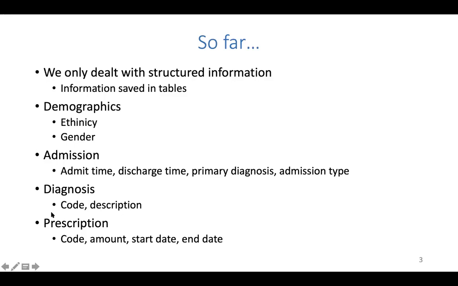Admissions, so what we've used is also admissions related information, such as admit time, discharge time, primary diagnosis, admission type. Those were categorical values or numerical values. Diagnosis codes or prescription codes, those were also codes, so information related to diagnosis.